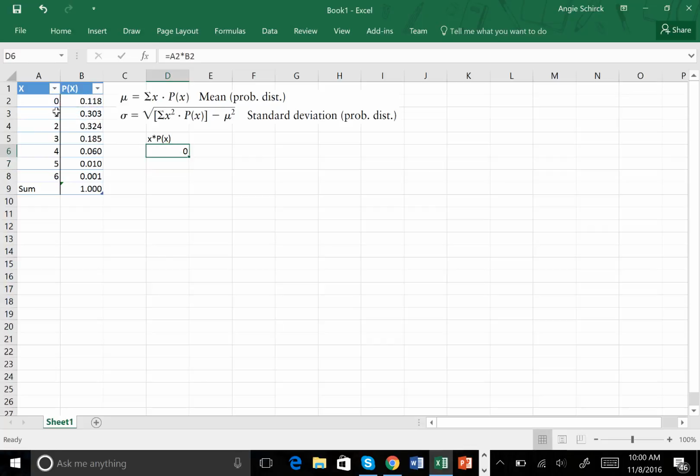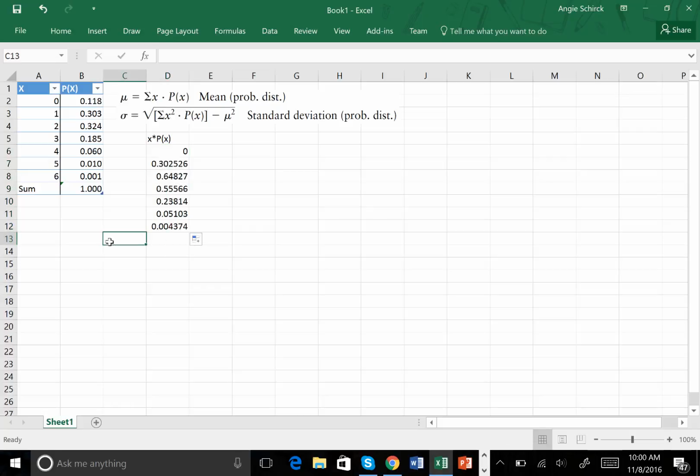And then we need to copy that down to 6 more cells. So 1, 2, 3, 4, 5, 6. And we have our x times p of x. And if we want to round this up to some decimal places, we can, but I'm just going to leave it like that.